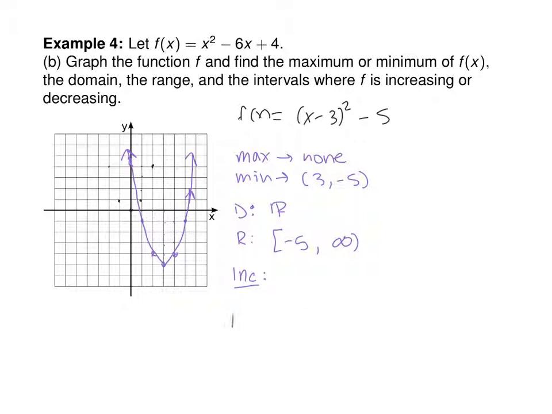Increasing, decreasing: at which x value does this function start increasing? At 3, and goes on increasing to infinity and beyond. And it decreases from negative infinity to 3. Perfect. Whew, read my directions.